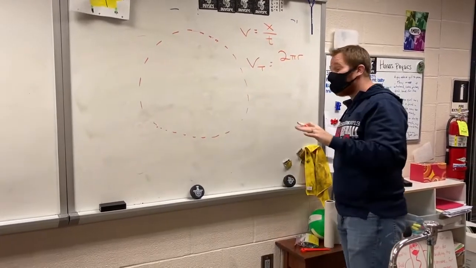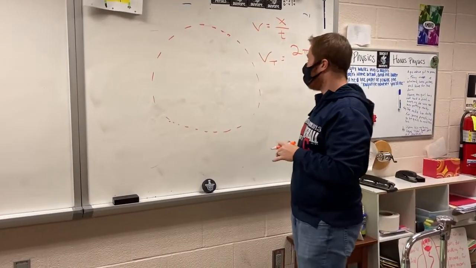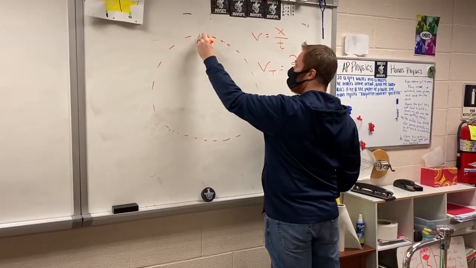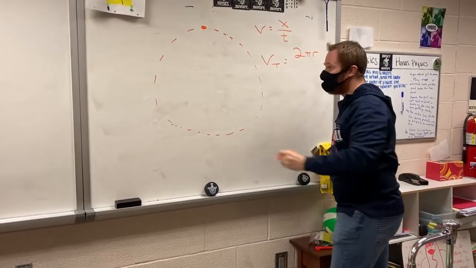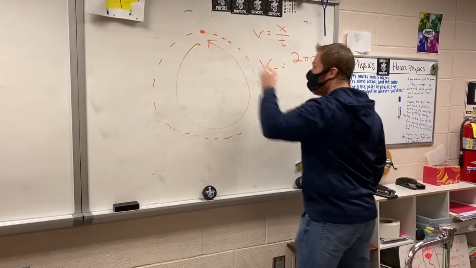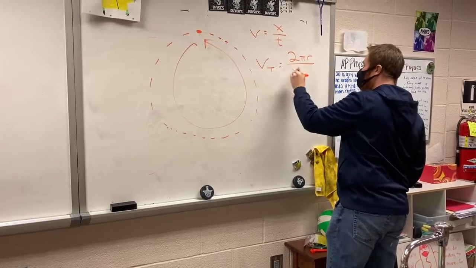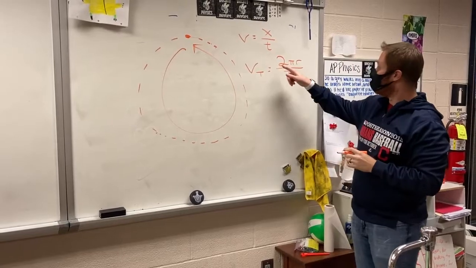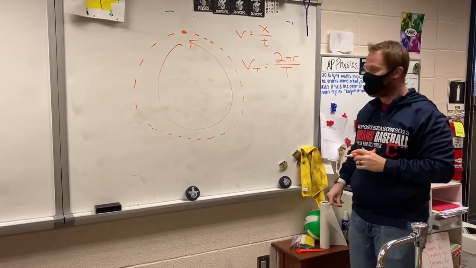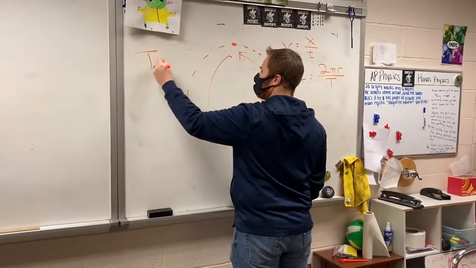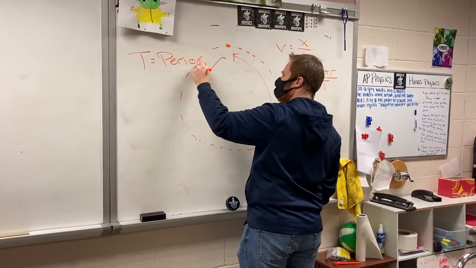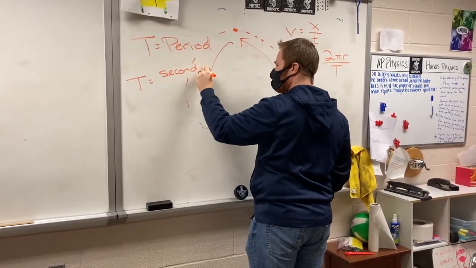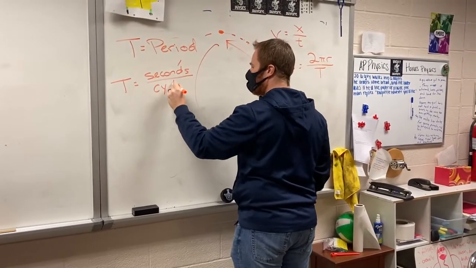Now, the time period, this is another new big term here. The amount of time it takes to go in one full complete revolution, so it starts and ends at the same point, would go all the way around to where it started, that is known as the period. So our tangential velocity formula is 2 pi r over T, where T is what we call the period, and the period is the amount of time, or seconds, it takes to complete one cycle.